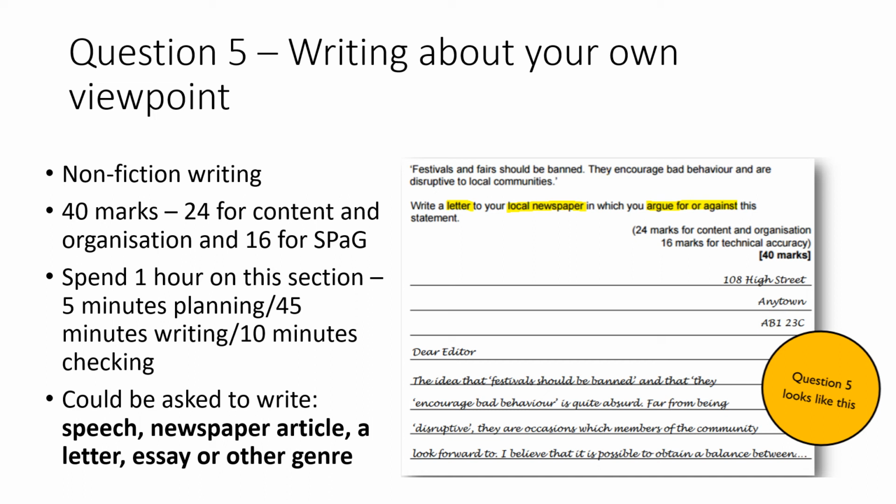Now, regardless of whether it says it's a blog or a magazine article, you still need to make your writing formal. It still needs to be legible, but it needs to be interesting and lively. Always use literary techniques.